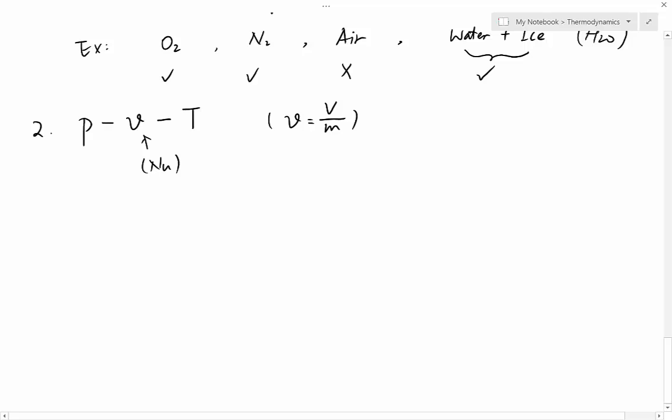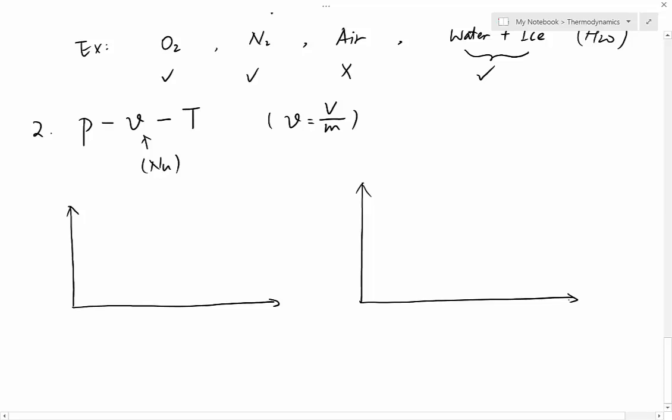Okay, so here under P nu T, pressure, specific volume, and temperature, we introduce two diagrams. The first diagram is the P, pressure, versus nu diagram. The second diagram is the T, temperature, versus nu diagram.